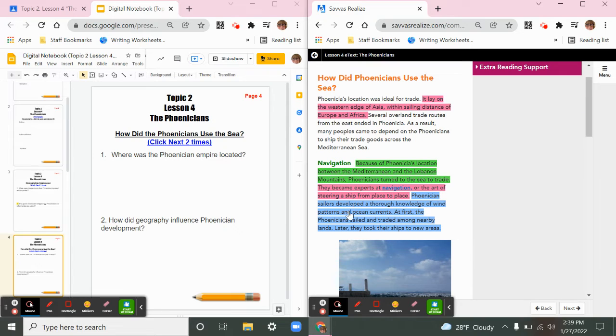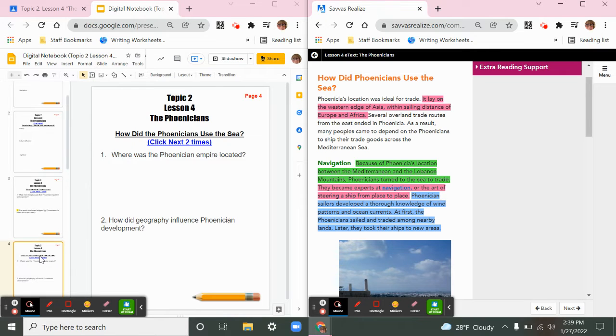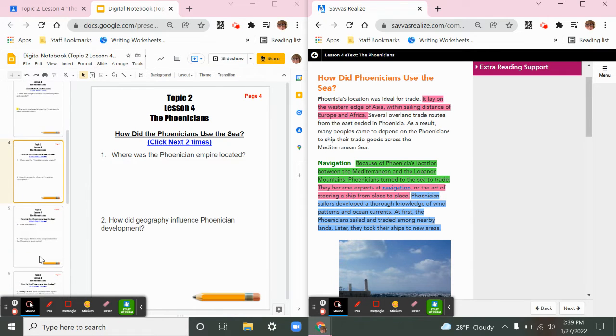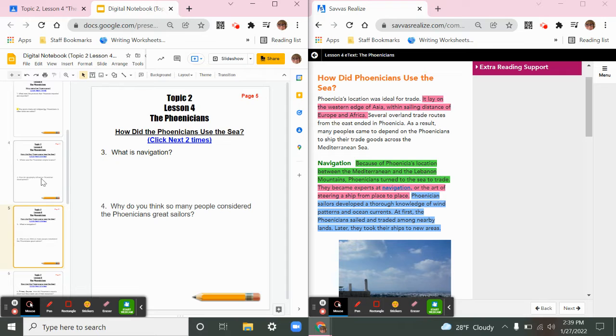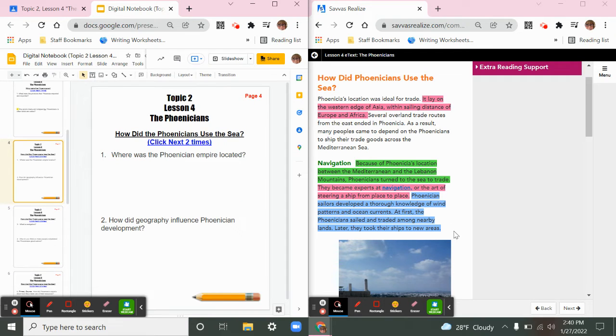Okay, so for this next paragraph, navigation, this contains answers to questions both on slide 4 and on slide 5. So while it's being read out loud, pause the video whenever you feel that you have to. Replay the video whenever you think you have to, to get all the questions needed for that. But let's get into it.